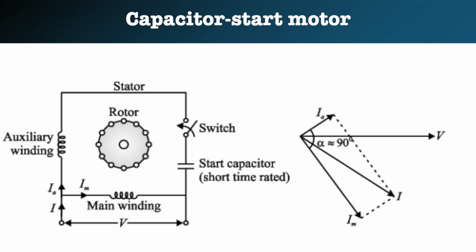The auxiliary winding connected in series with the capacitor draws a leading current, while the main winding continues to draw the lagging current. The current flowing through the main winding Im lags behind the voltage V by some angle, as you can see in the phasor, because the main winding is highly inductive. But the current flowing through the auxiliary winding Ia leads the supply voltage V by some angle due to the presence of the capacitor. Hence, the angle between the two fluxes produced by Im and Ia will be large.